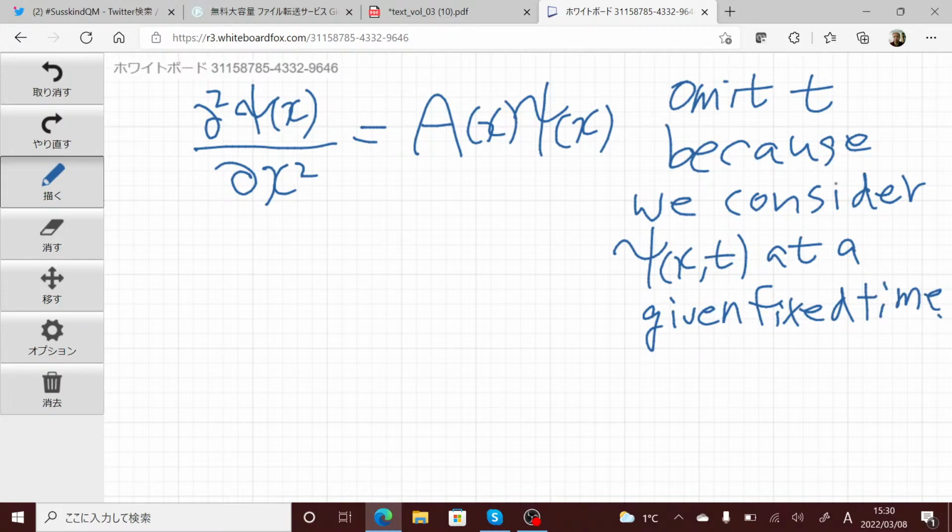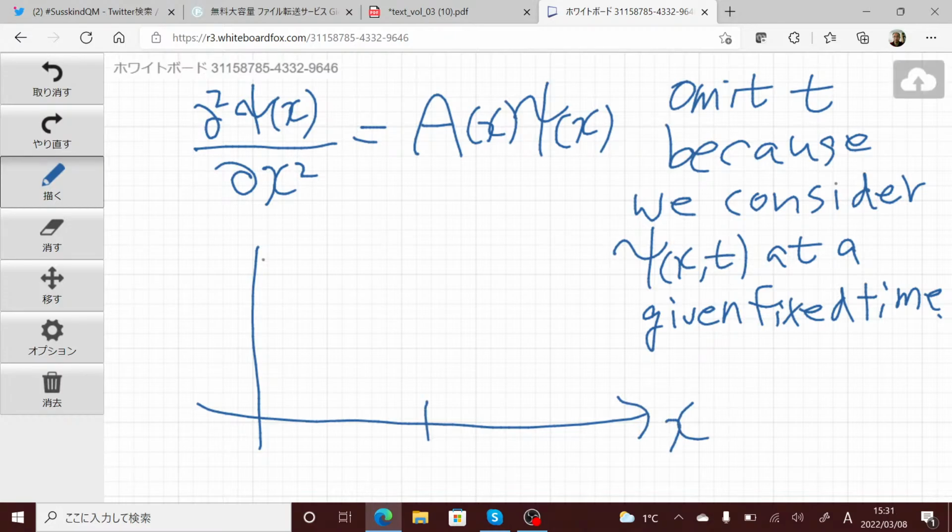Okay, so then we just assume this way. We have this is x. We start at any point, let's call it x0. Then this is psi, so we have some point psi of x0.